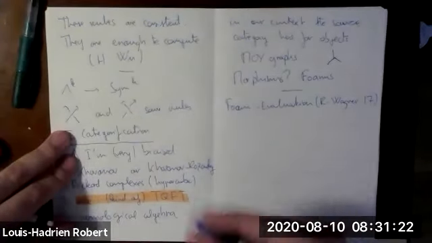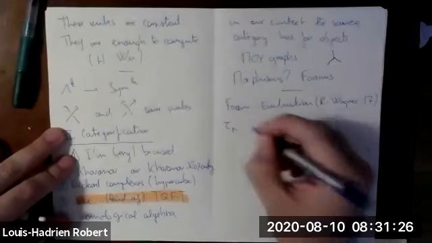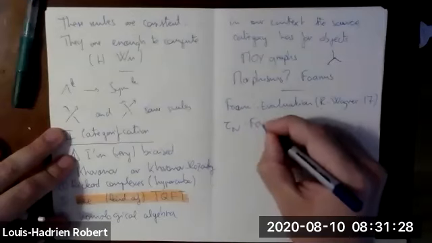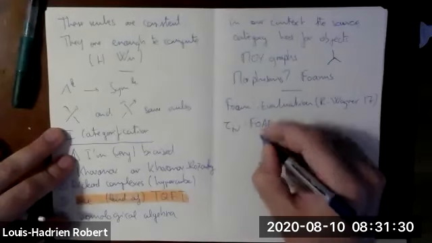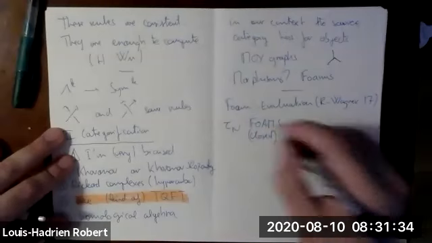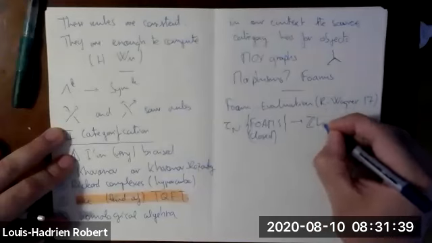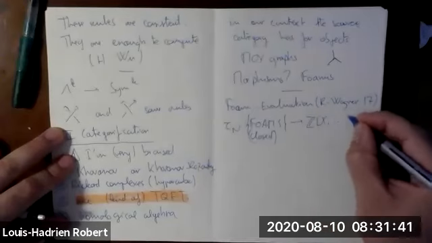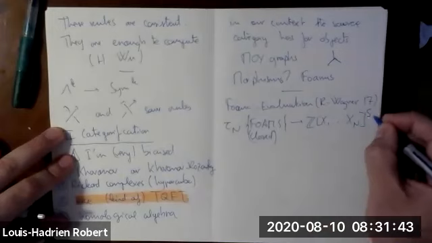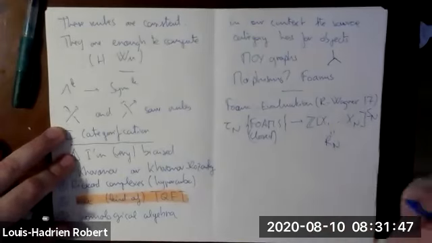I won't explain how to construct this, but this is a map from foams, and actually I should say closed foams, so with no boundary, the set of foams, to the set of symmetric polynomials in n variables. Maybe I want to call this Rn.